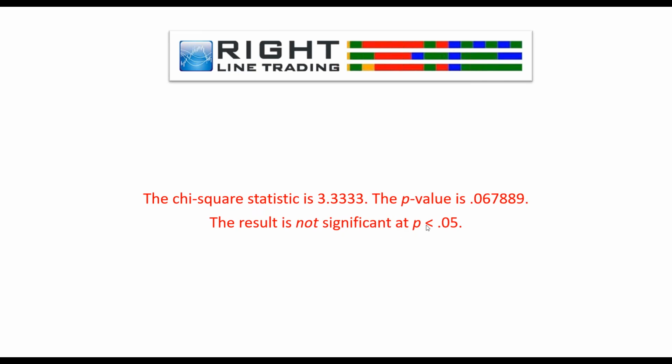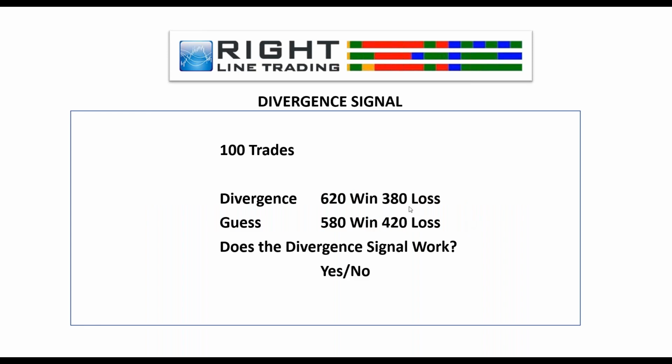Now, the reason the p-value has to be less than 0.05 is this is probability. And the probability of what you get has to be less than 0.05 because that is less than 1 in 20. So there's only a 1 in 20 chance that this is going to be just happening by chance.